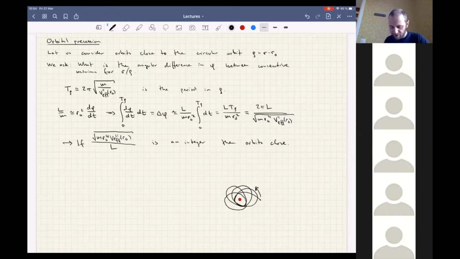Was Mercury expected to orbit in a non-closed orbit? No, I mean, if you just look at the central potential, it's just expected to go around in an ellipse. However, in the solar system, you have other bodies than the sun affecting the orbit. For example, Jupiter is going to affect Mercury's orbit as well.